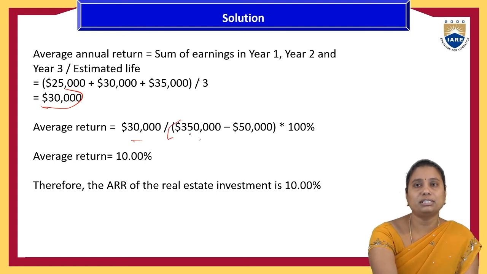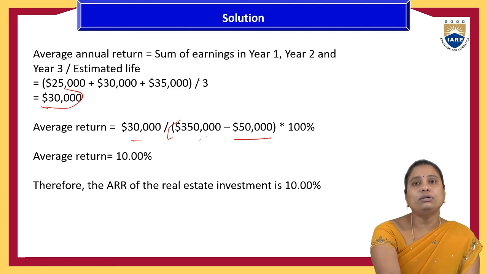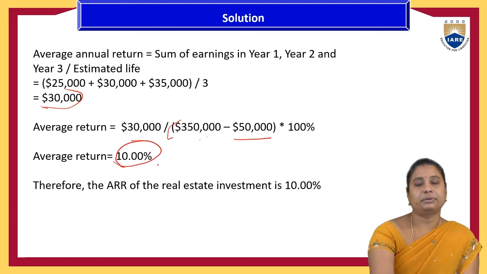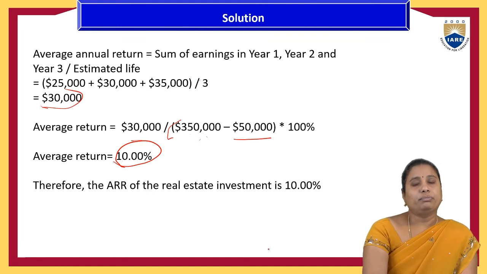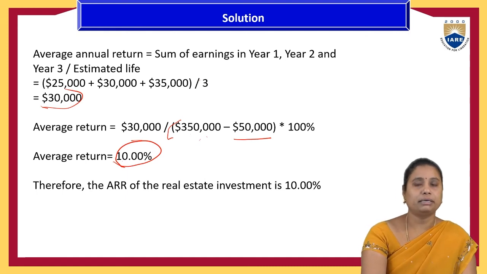Initial investment 3,50,000 minus salvage value of 50,000, divided by 2, into 100. That is, the average rate of return is 10%. So the average rate of return for this particular organizational investment is 10%.